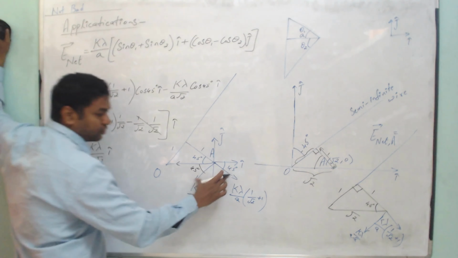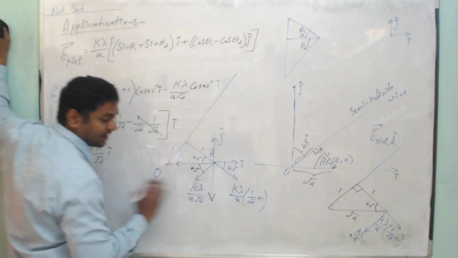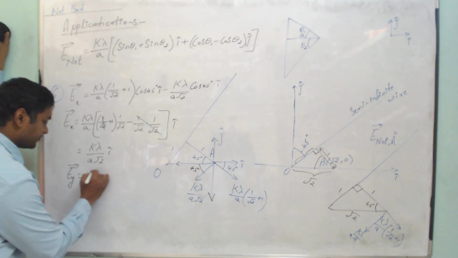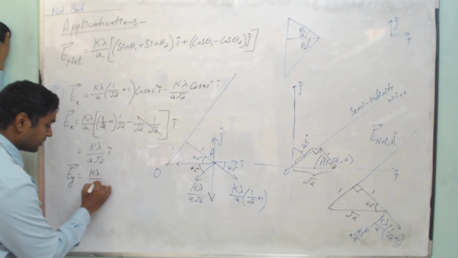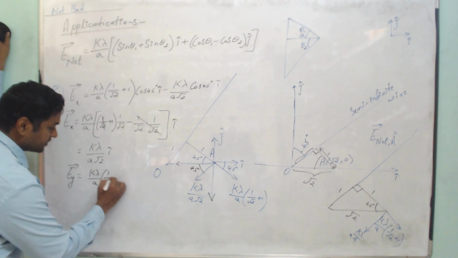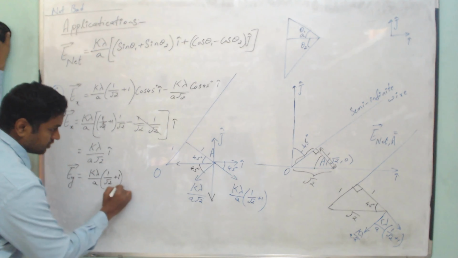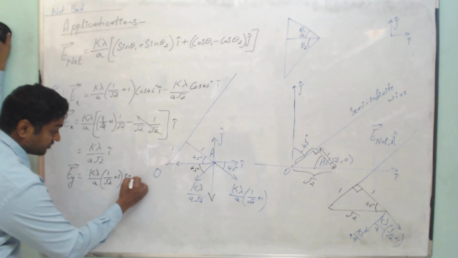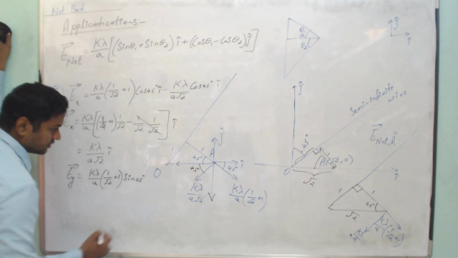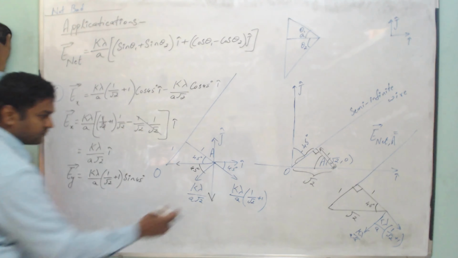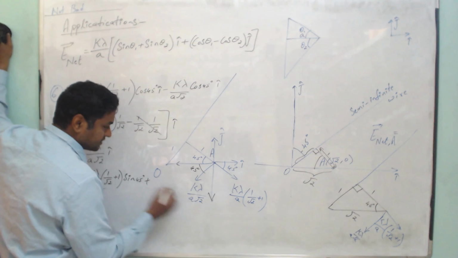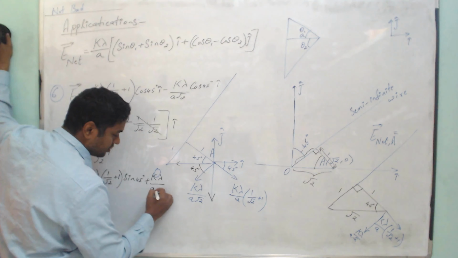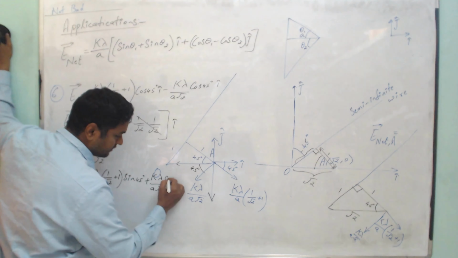Again, both are towards downward, so we will have a plus sign. First is K lambda by A into 1 by root 2 plus 1, and we have to take sine 45 for this component. Correct? Plus, for this one, K lambda by A root 2, again sine 45.